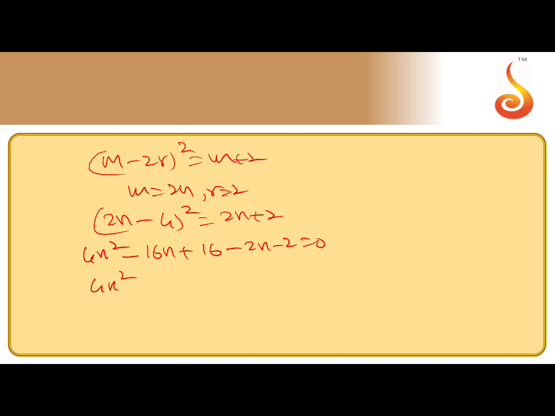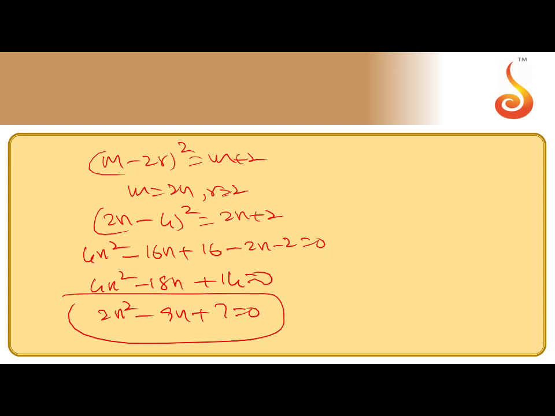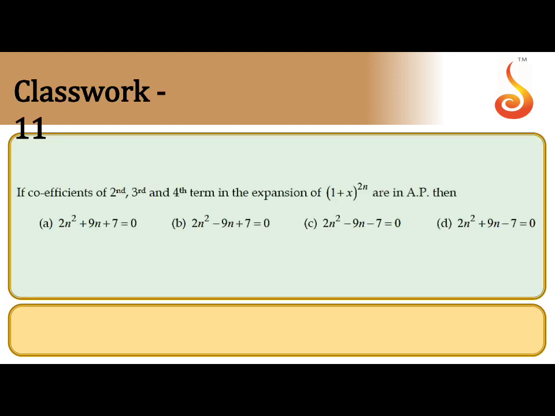So 4n² - 18n + 14 equals 0. Cancel by 2: 2n² - 9n + 7 equals 0. Look at the options. Which option is 2n² - 9n + 7? Option B is correct.